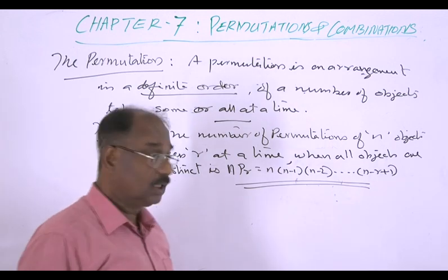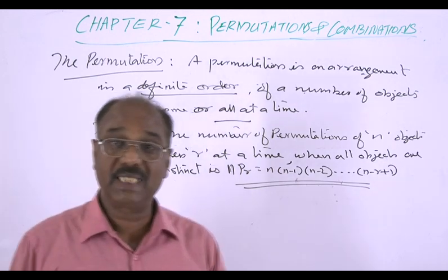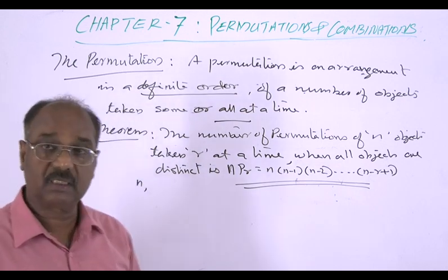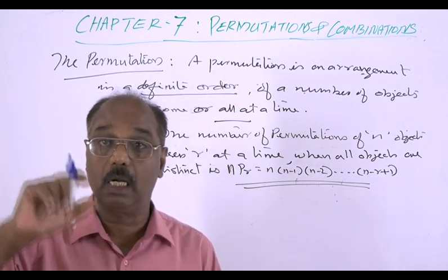The total number of objects is n, and for the permutation the number of objects taken is small r.